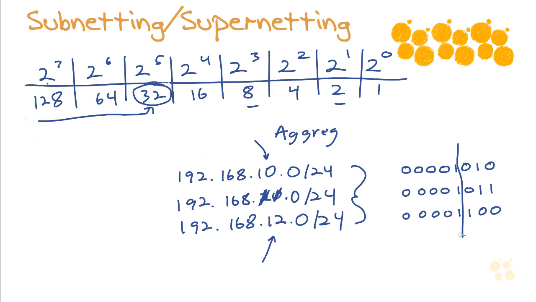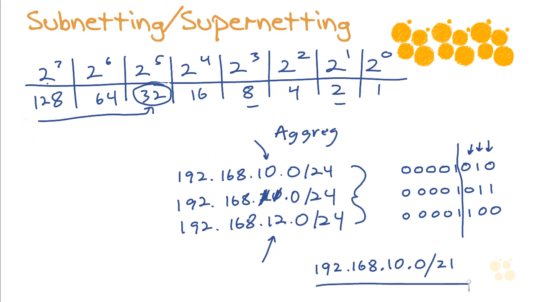So we could supernet this as 192.168.10.0/ and we're going to reduce the mask by these 3 bits, aren't we? Yeah, so we're going to back up the mask as a 21-bit mask.